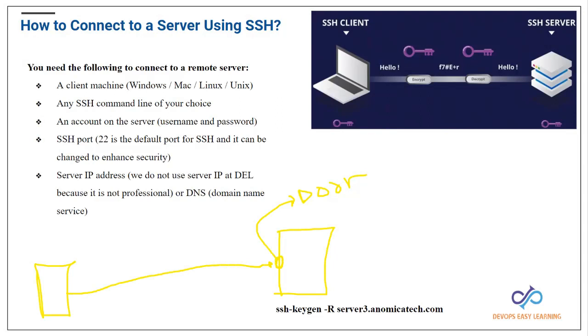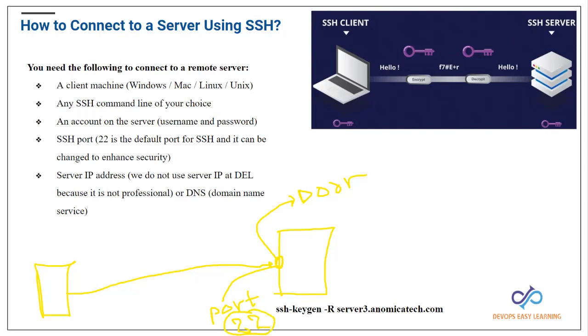And what is that door using the SSH protocol? It is called a port, and that port is port 22 by default. By default, SSH runs on port 22.